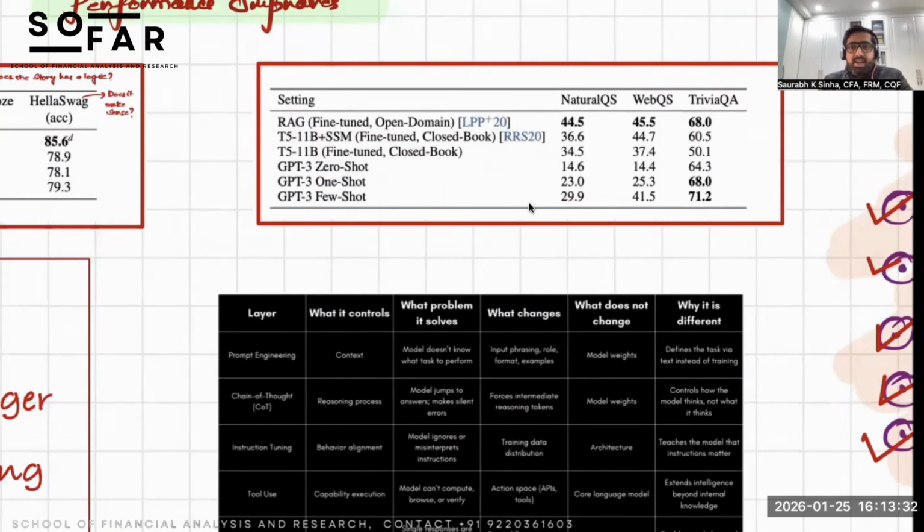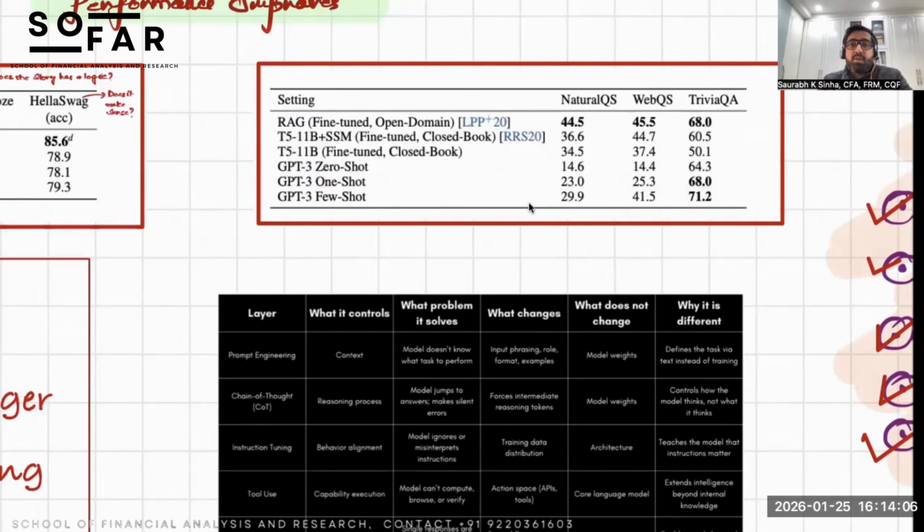And you can see that even here, GPT-3 few-shot learning performs best in one of the cases, TriviaQA, and performs very near to the best, or second best and third best, in Natural QS and Web QS. So what is the need to bear the cost of fine-tuning the model? And that actually changed everything.